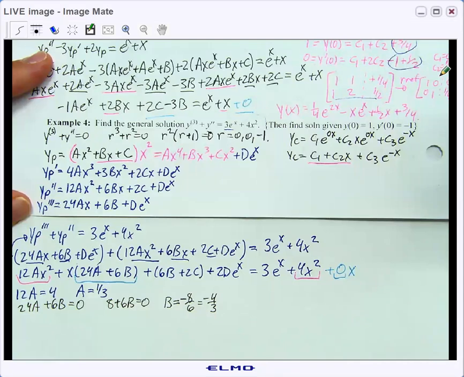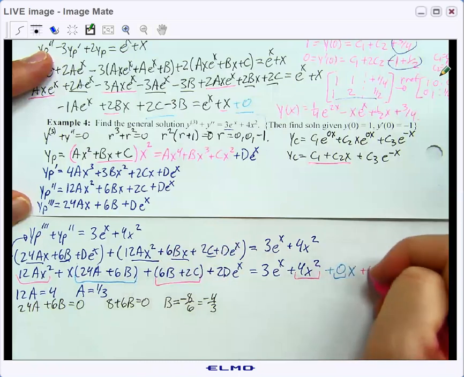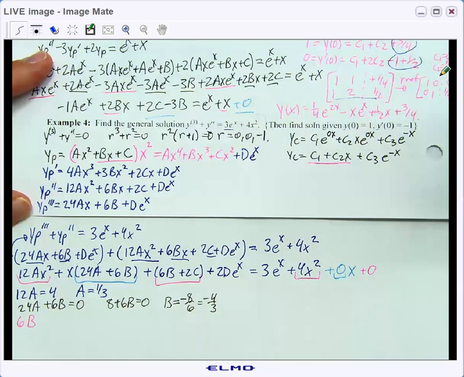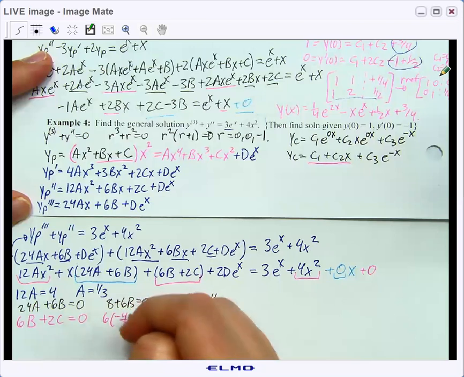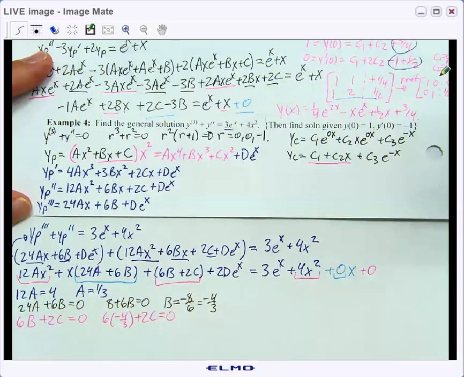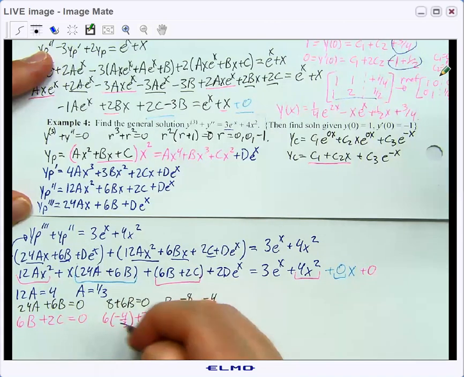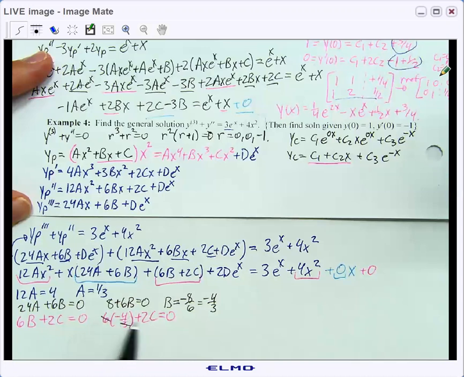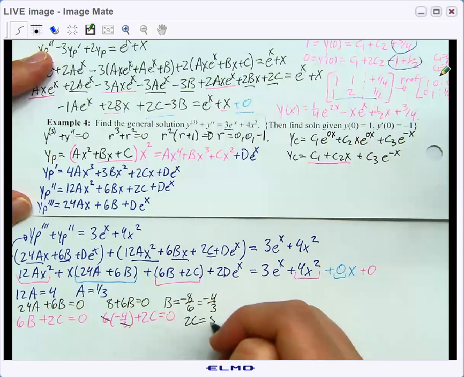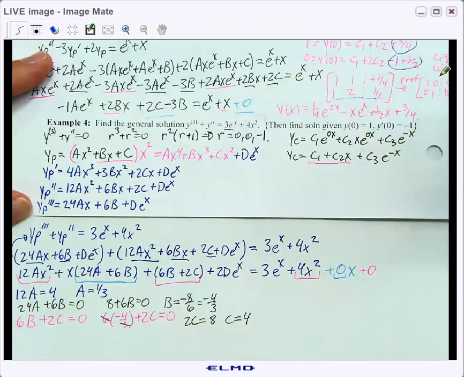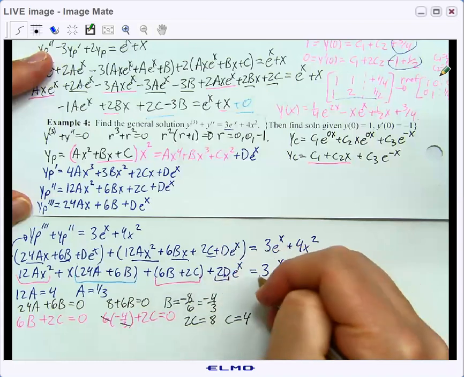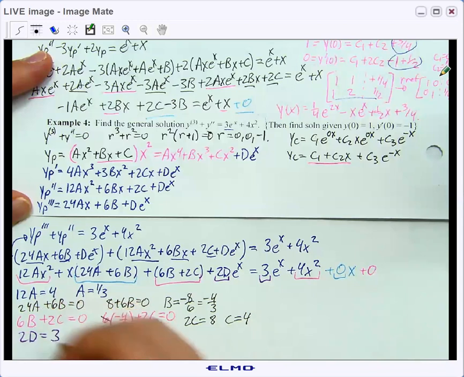The constant term: 6b + 2c = 0. With b = -4/3, we have -8 + 2c = 0, so 2c = 8, and c = 4. Finally, the coefficients of e^x: 2d = 3, therefore d = 3/2.